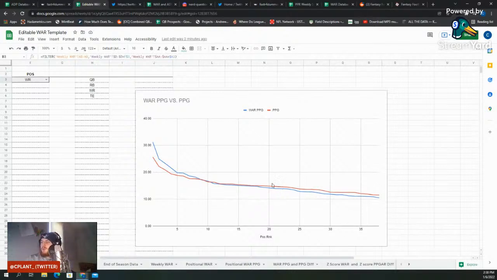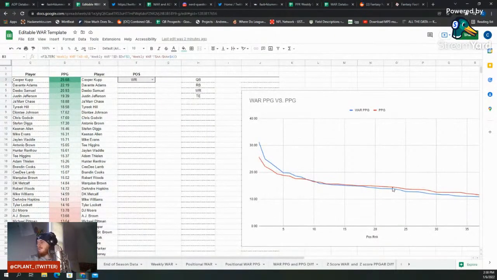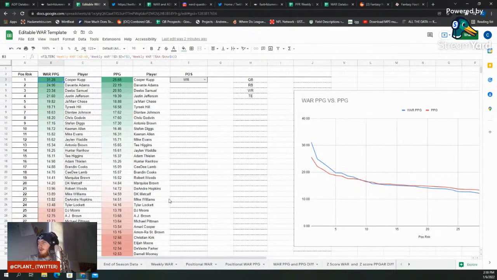But actually, WAR shows that the value is starting to go down while the points per game is staying a little bit more steady. So that's kind of a little takeaway too, because it's not as big of a gap between the two as the other positions.